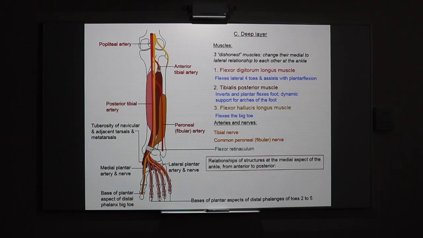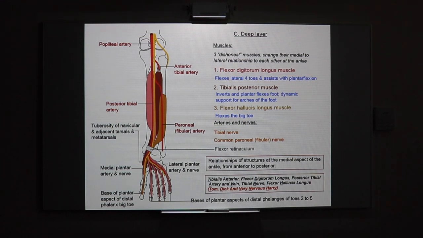And if you look at the contents here, the relationship from the medial aspect of the ankle, from anterior to posterior, is tibialis anterior, flexor digitorum longus, then you have the vessels, the posterior tibial artery and vein, and then you have the tibial nerve, then you have the flexor hallucis longus, which is the lateral most thing under the flexor retinaculum.